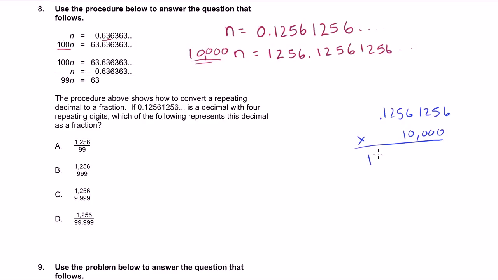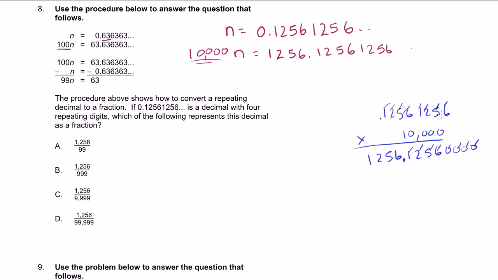So you get 1256. Add 4 zeros, 1, 2, 3, 4, and then count how many decimal places you have: 1, 2, 3, 4, 5, 6, 7, 8. And we verify that it works.